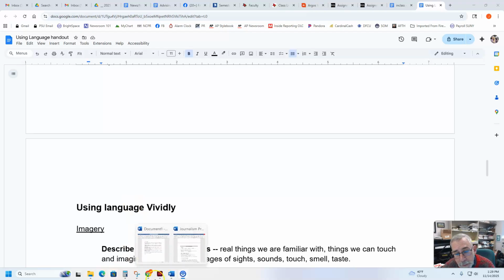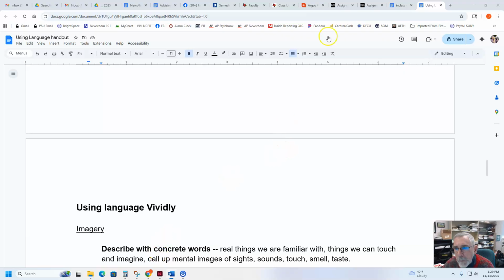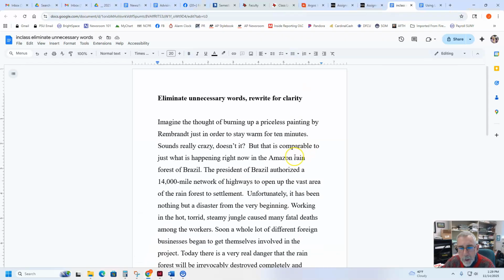In class, we did this exercise. I'm going to include the handout for you. I gave everybody this chunk of text and asked them in groups to rewrite it, to look for eliminating unnecessary words, for eliminating clutter. And I hope that you can do that.